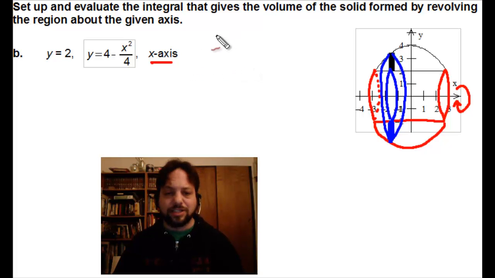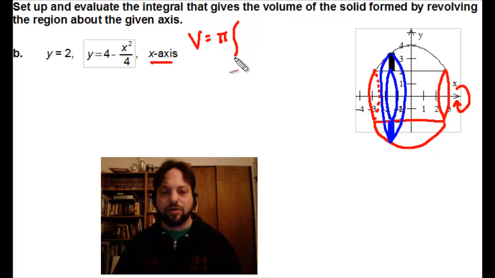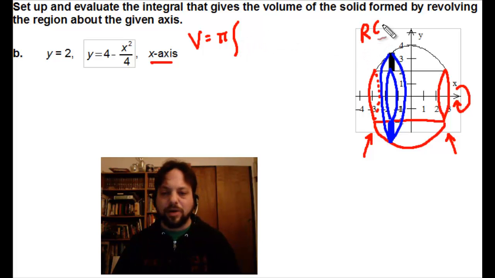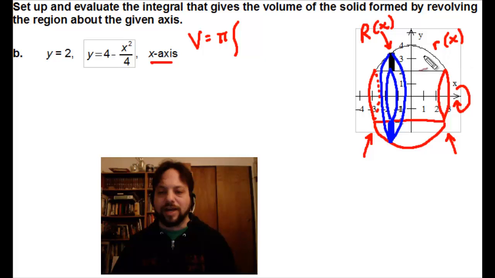We're still going to integrate if we want to find the volume. It's still going to be pi times the integral from the beginning to the end, which I'll talk about in just a moment, of my outer radius squared. And in this case, what is my outer radius? Well, of course, it's going to be this right here, while my inner radius, or my little r of x, is going to be this right here.